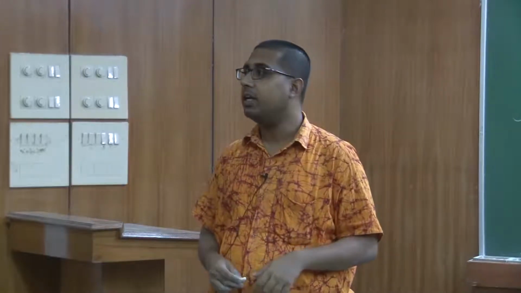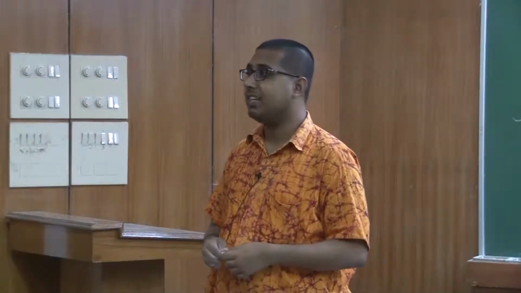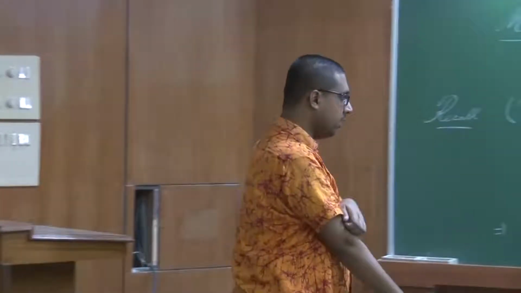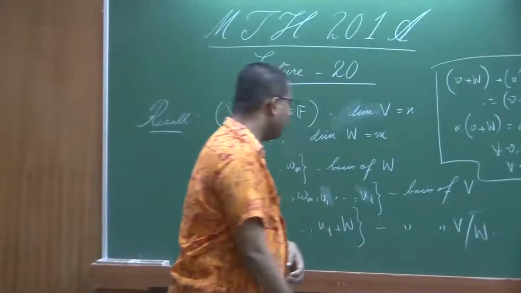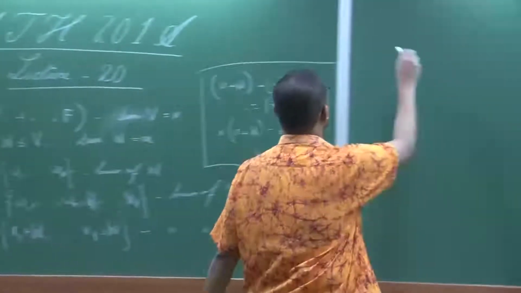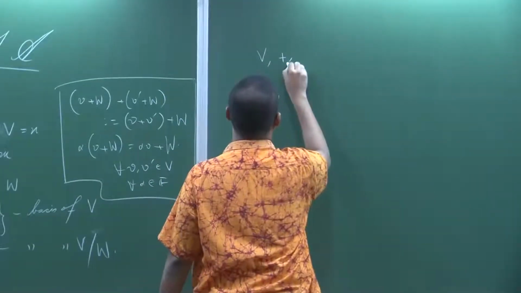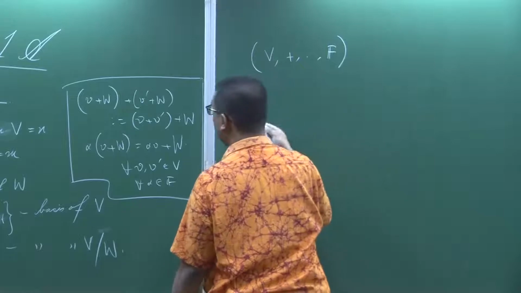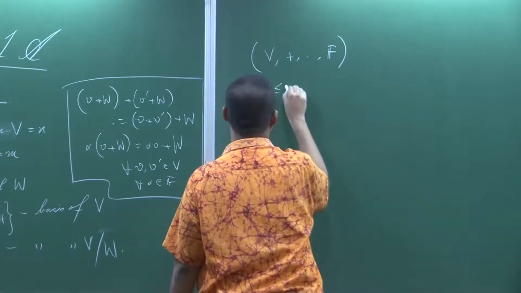So, the meaning of complementary subspace of W, and why I am saying natural, will be apparent soon. So, first define what I mean by a complementary subspace of W. Given a vector space, I am not assuming V is finite dimensional, V could be anything and W is any subspace.